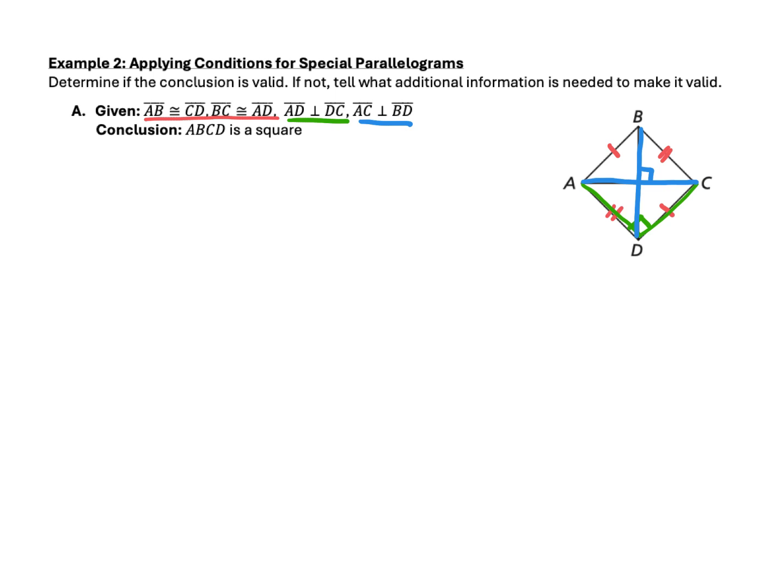We want to see if the conclusion ABCD is a square is valid. And anytime that you are trying to prove something's a square, you need to be able to show that it is a rectangle and a rhombus.